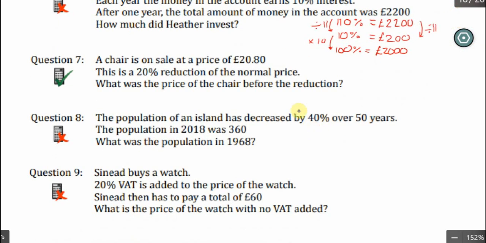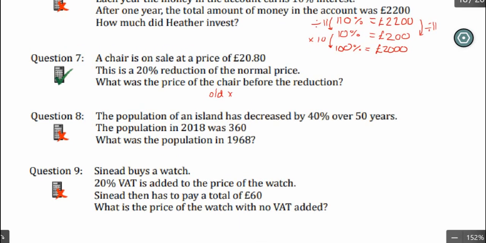Okay, if you're using the second method explained earlier, then we would divide by 1.1 and that would give us 2,000. Okay, a chair is on sale at a price of £20.80. This is a 20% reduction of the normal price. So they've given us the new price. I'm going to use the second method this time. So old price. What would I times by to reduce it by 20%? Well, 80% will be left. So we would times by 0.8. And that gives me £20.80.